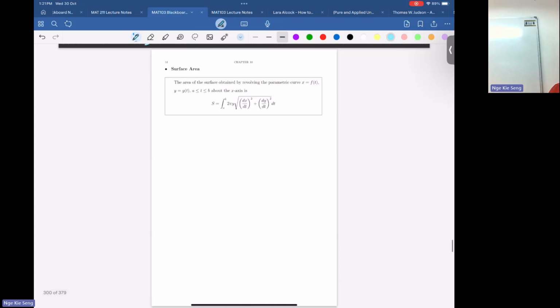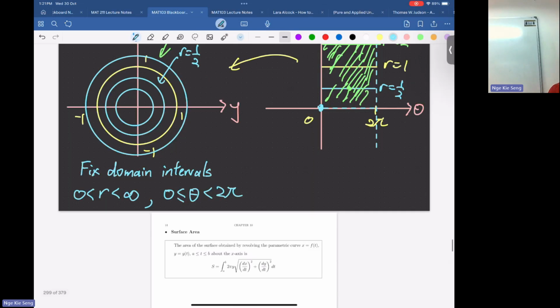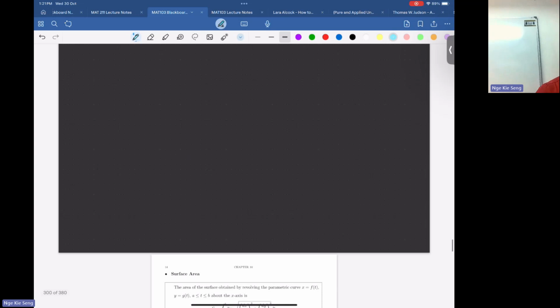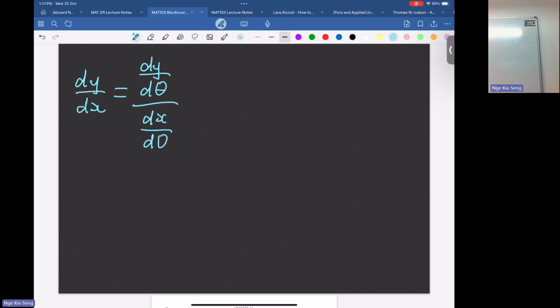Okay, so where did we leave off last time? Let's pick up a bit. We talked about dy/dx, right? We know that by the chain rule, this is equal to dy/d theta, and then dx over d theta here.